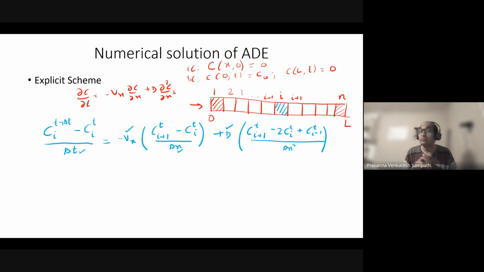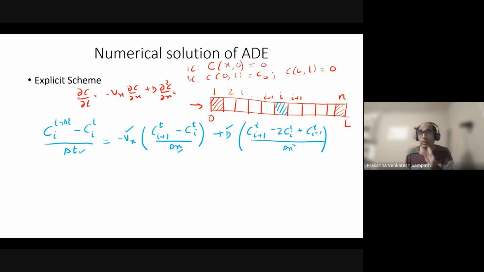So I know all the concentration values at time t equal to 0. Which means all the terms on the right hand side are known. On the left hand side, I have only one unknown, t plus delta t. So I can solve for this one equation, one unknown, fairly straightforward.